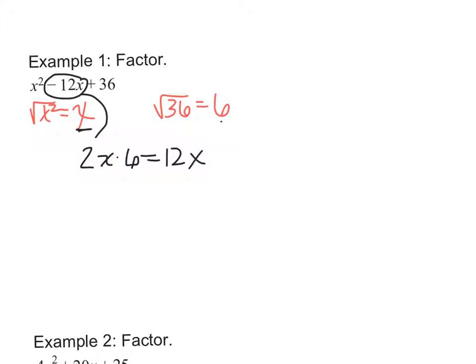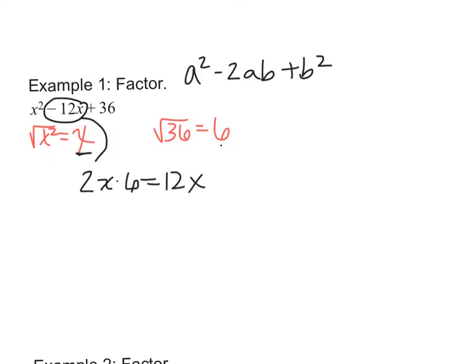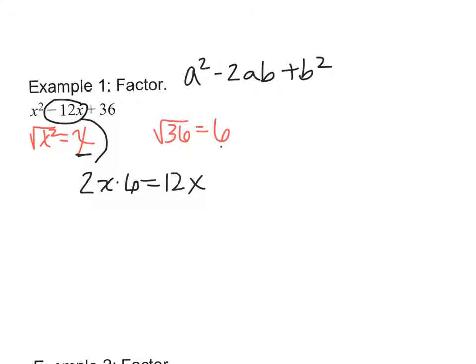Hold on. I'm using the rule, remember? If I've got a squared minus 2ab plus b squared. Oh, y'all can't see the rule. Hold on. I'm looking to see, does this equation satisfy the rule? So I've got x squared. So a, the first term, is a perfect square, right?